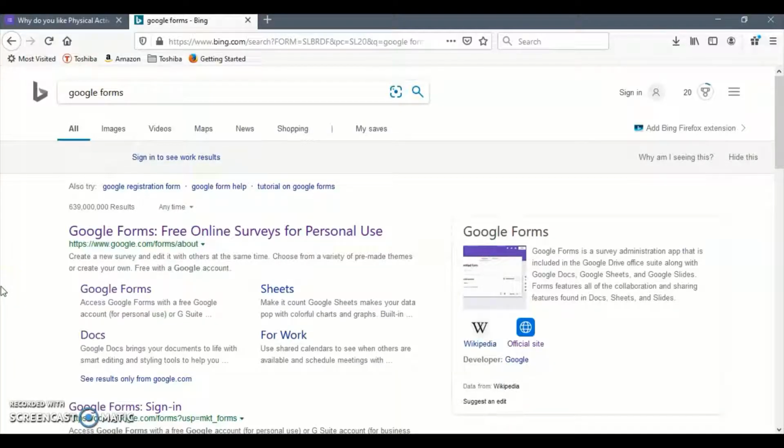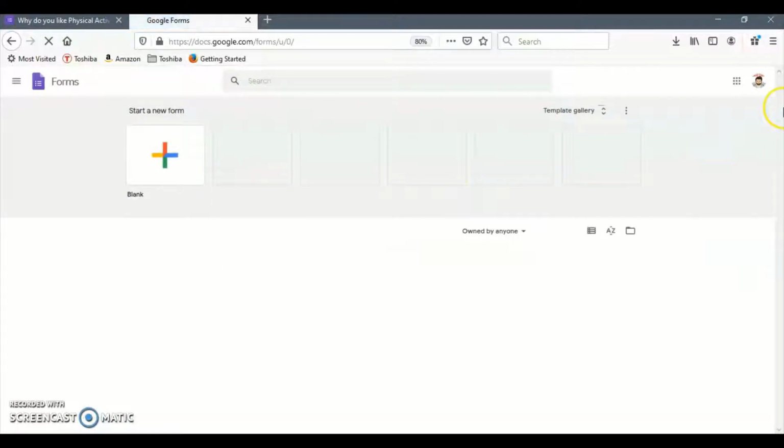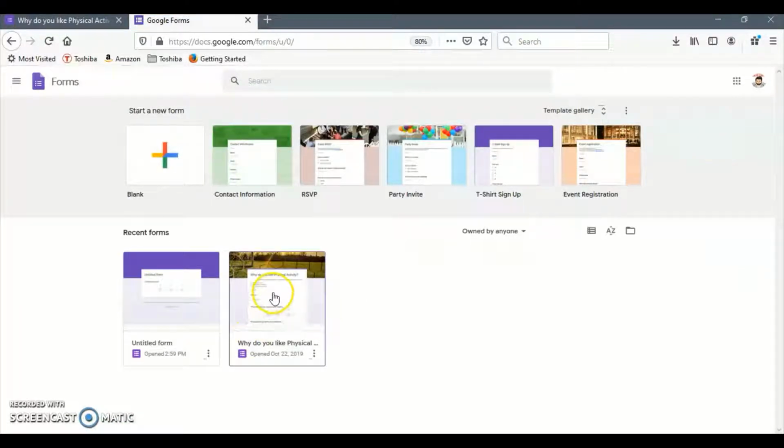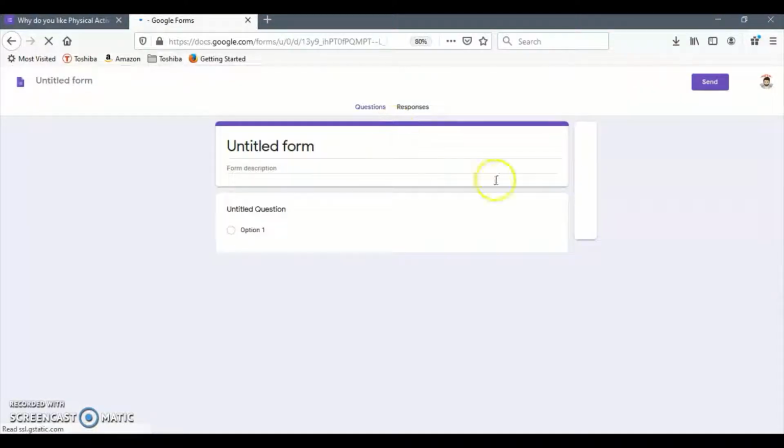After deciding on my grade level outcome that I wanted to address and the assessment tool that I wanted to explore, I went over to Google Forms. Here's the one I created. But first, I went to a blank template.